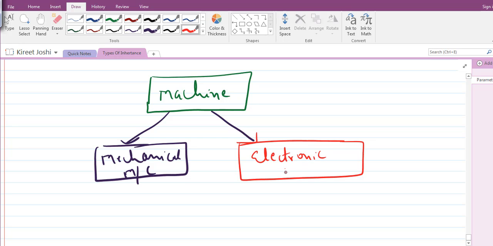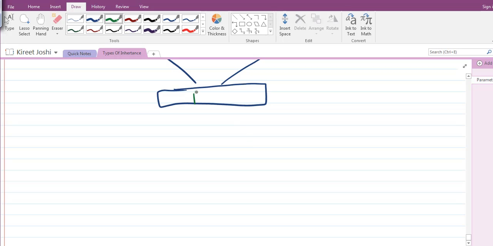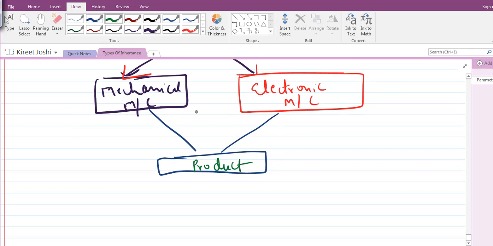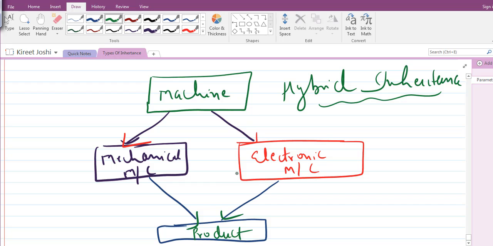From the mechanical and electronic machine we have developed a final product. So this is a final product class that contains the essential features from all these classes. This is also an example of hybrid inheritance, which contains both multiple and hierarchical. I hope now all these 5 types of inheritances are clear to you. Thanks.